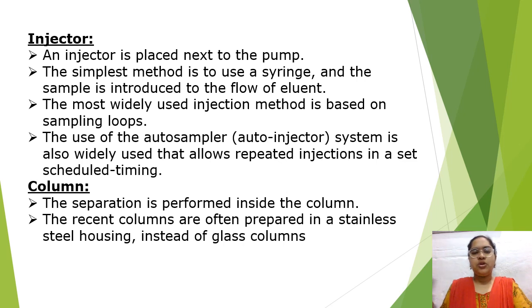Using a syringe, we can introduce a new sample to the flow of eluent, and the most widely used injection method is based on sampling loops. The use of auto sampler or auto injector system is also widely used that allows repeated injections in a set of scheduled timing. So in the injector, the injecting of samples can be done manually or automatically by machines.